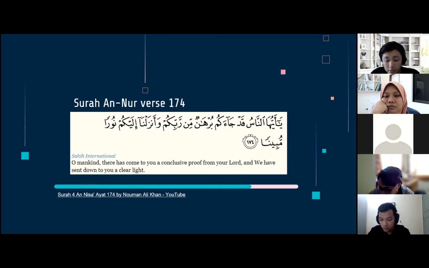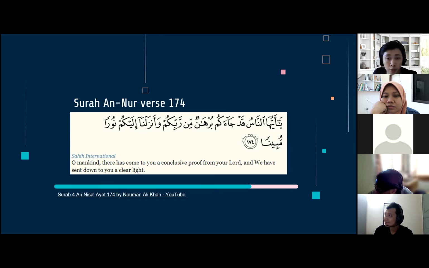As I said before, the burhan comes from a root word of baroha, which literally means white and shiny. Some scholars say the word burhan comes from a Farsi word. It means a sword that is shiny and sharp, that can cut through anything.